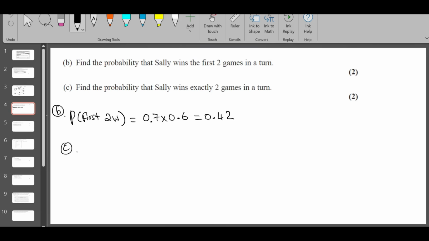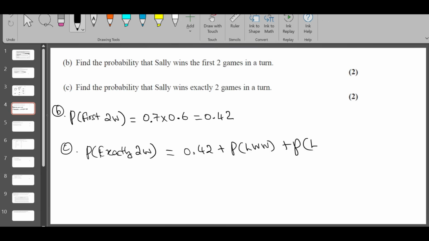Part C now. Find the probability that Sally wins exactly 2 games. First 2 is different from exactly 2 win. When we say exactly 2 win, it can be first 2 win, that's the probability of this, plus it can be first loss, second win, third win, or first win, second loss, third win. So we need to get the probability of this.